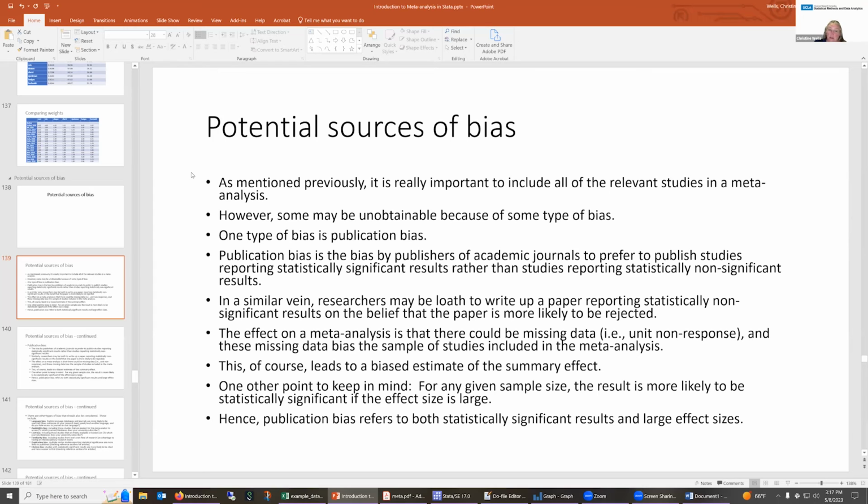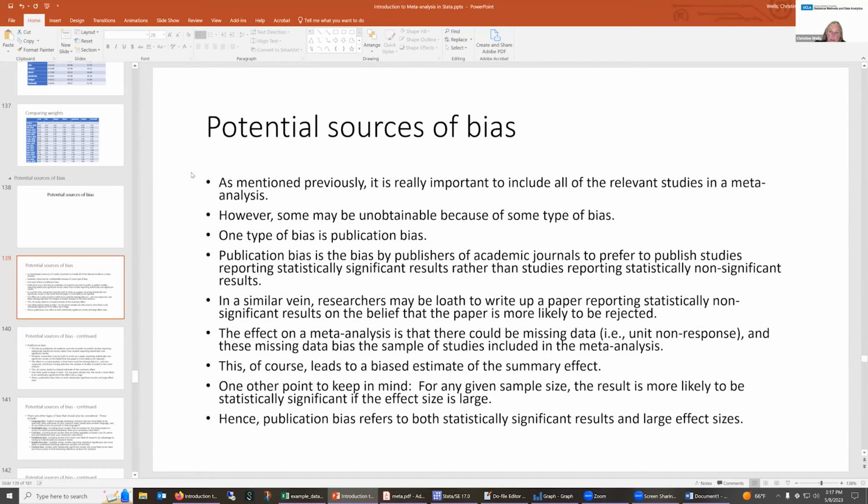So the effect on the meta-analysis is that you have missing data. In other words, there's rows missing from your meta-analysis data set because that study that should have been in your meta-analysis wasn't published. It's not available anywhere, and therefore it's not in your meta-analysis.